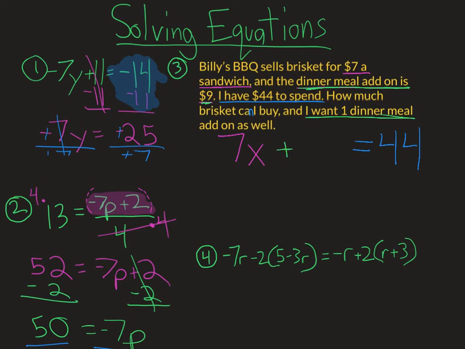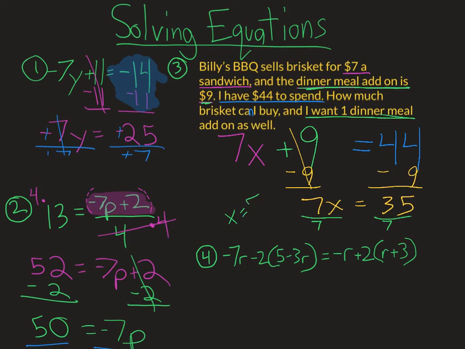So add on just that one $9, and now I've got a 2-step that I can solve. Cancel off that 9, so that's going to be 35. And we can see pretty easily here. Again, I'm running out of room, but we can see I'm able to buy 5 of those brisket sandwiches.